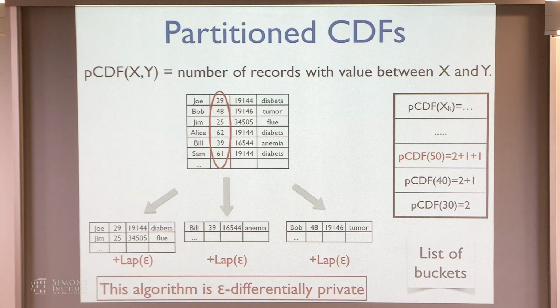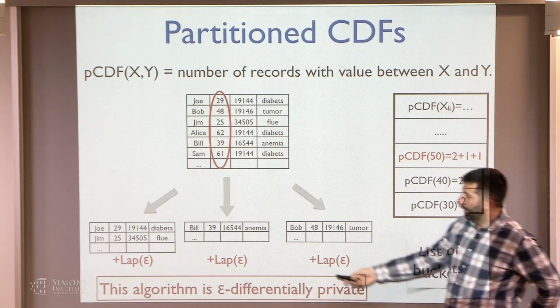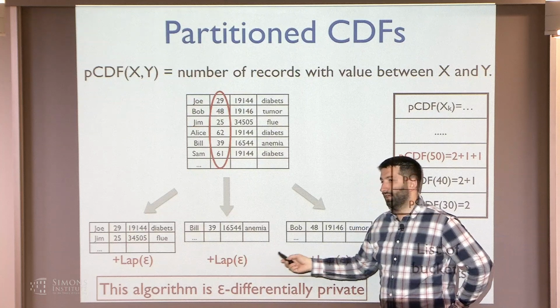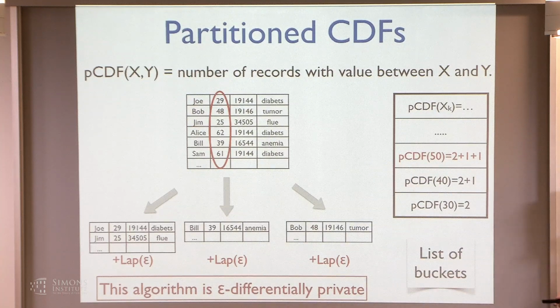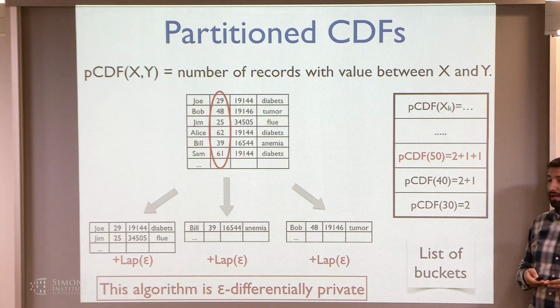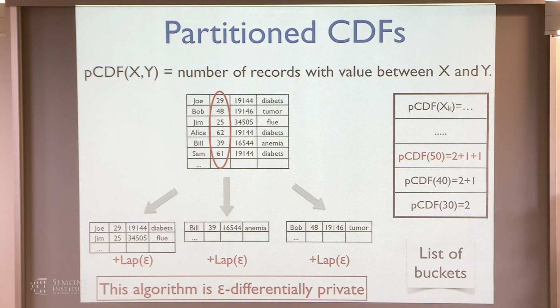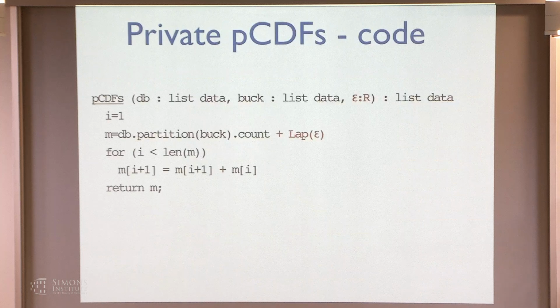All right. So now how can we make this private? We can add Laplace noise to each counter, and then we can sum the results with also this Laplace noise. Of course, here we will not have the same result as in the previous one because we are adding noise in a different way, but it's still an approximate CDF.